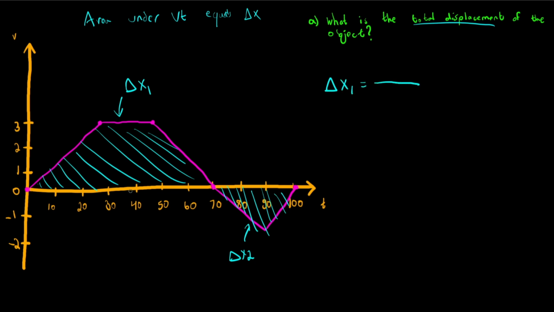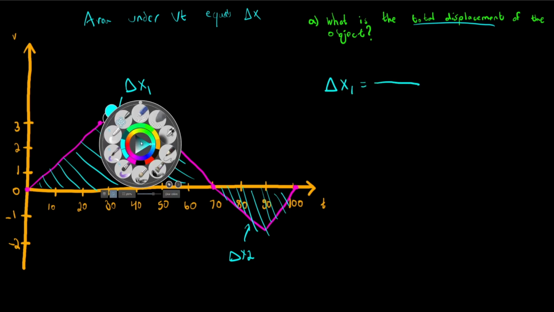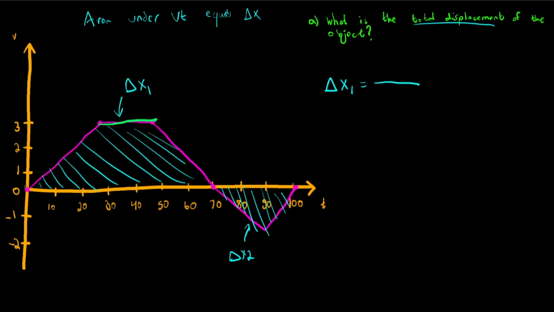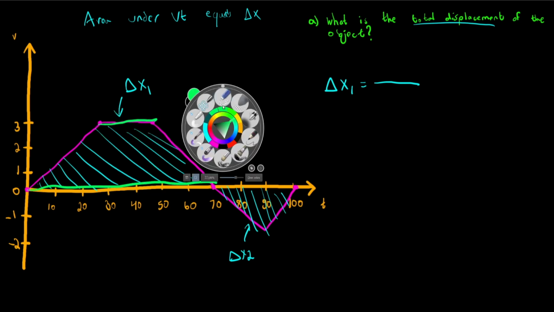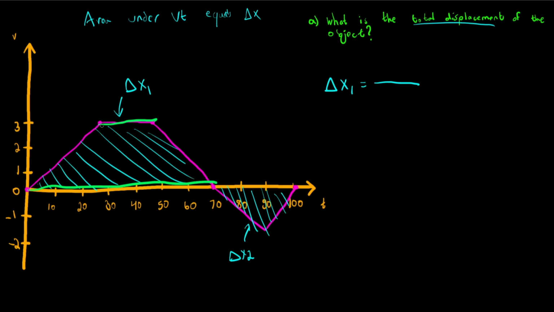So delta x1 is equal to the area of the trapezoid. Call this base 1 and this one base 2. Base 1, you have to count how many meters it is. So 5 plus 10 is 15, then 5 again, so that's 20. Then we add 1, 2, 3, 4, 5, 6, 7, so 7 times 10 because each unit is 10, so we have 70 for base 2.